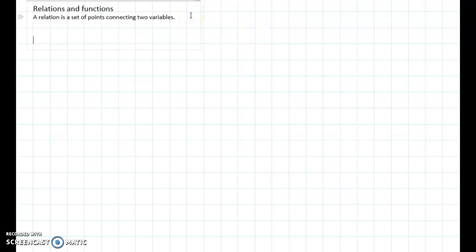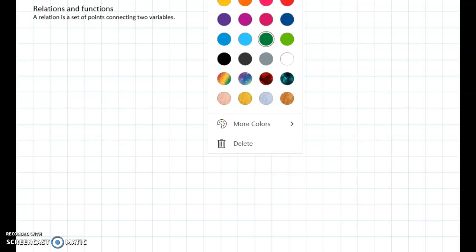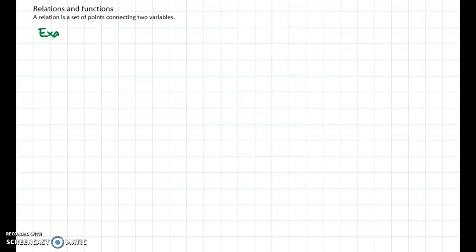So to give our first example, we need to define two sets of variables. Call this one example 1. And these are going to be my variables. I'm going to have a set S for the variable small s, the pre-IB students at our school.